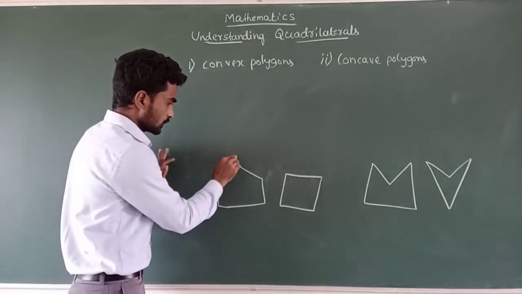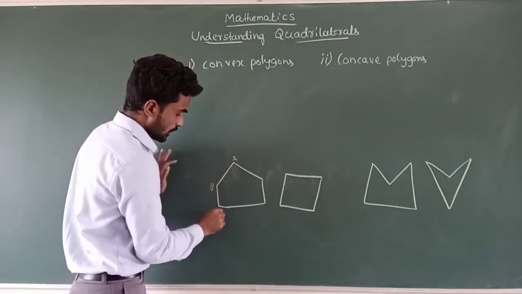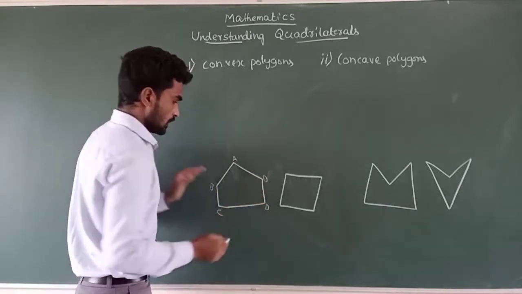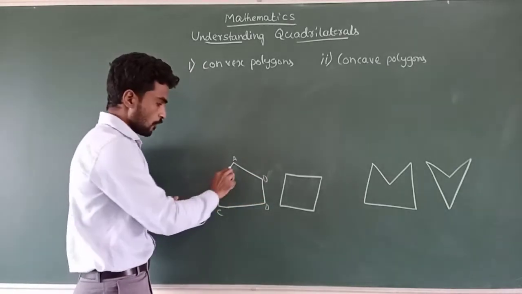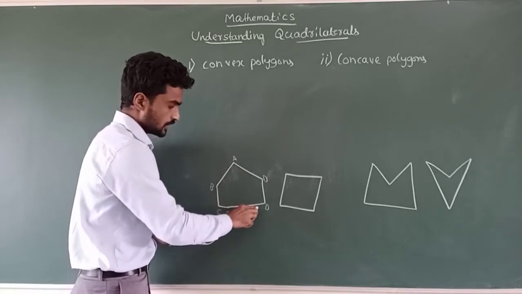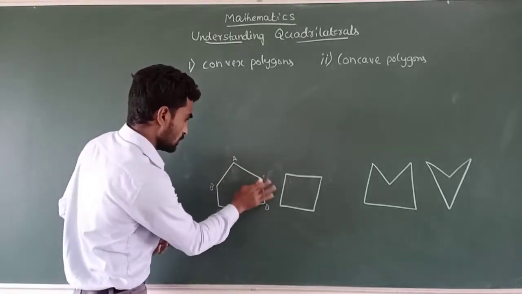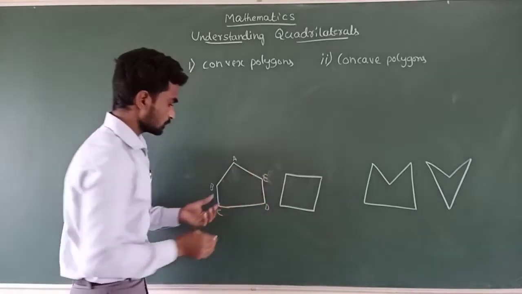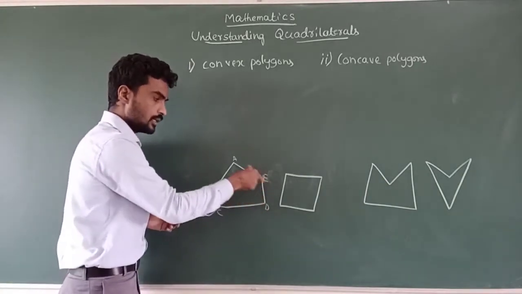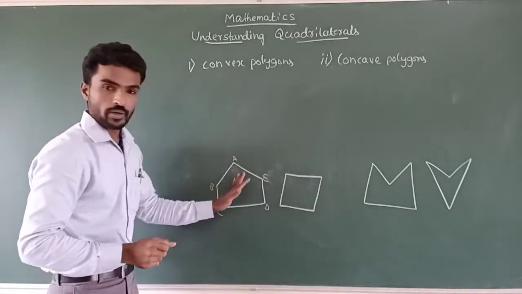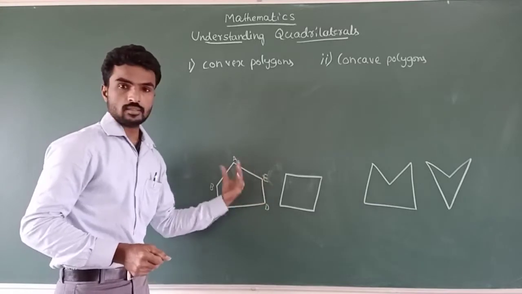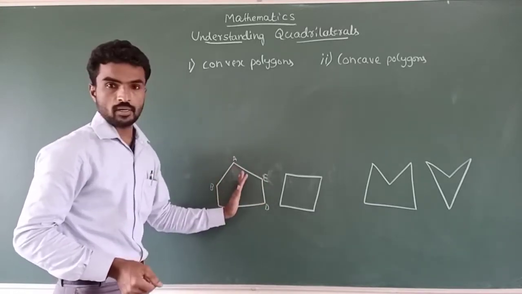Just observe here. ABCDE is a polygon. It has five sides: AB, BC, CD, DE and EA. There are five sides and five vertices, so it is called a pentagon.